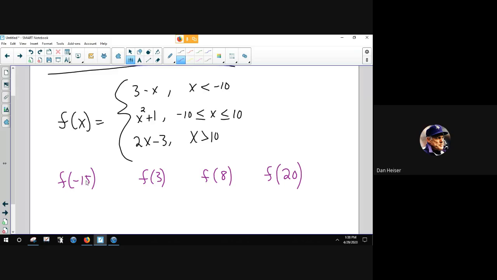Negative 15, x is negative 15. Where does negative 15 go? Yeah, right here. Negative 15 is less than negative 10. So, f of negative 15, when I have a number that is true for this, it gets plugged into this spot.